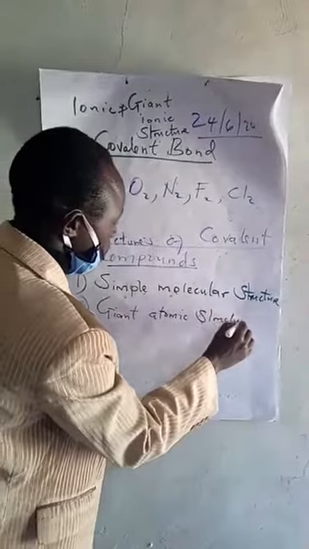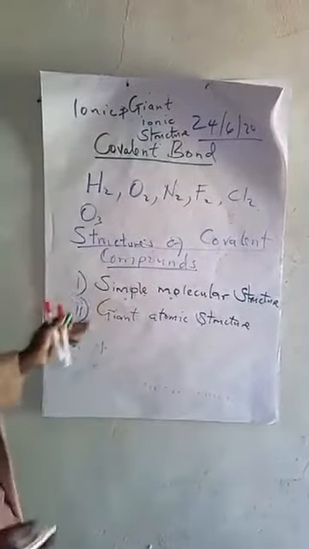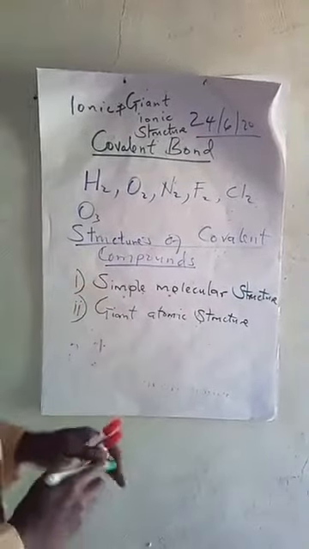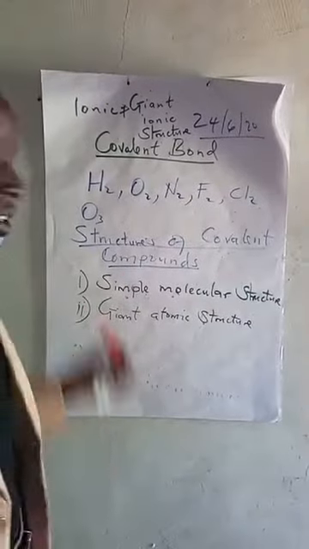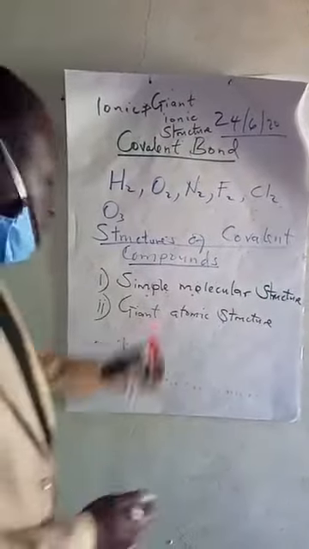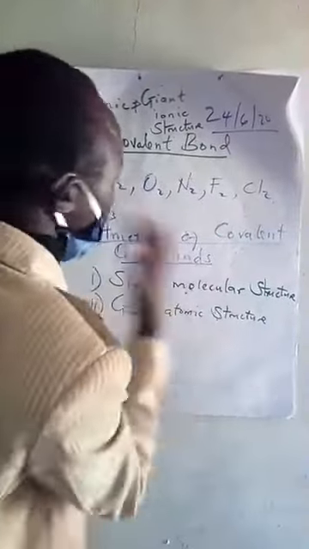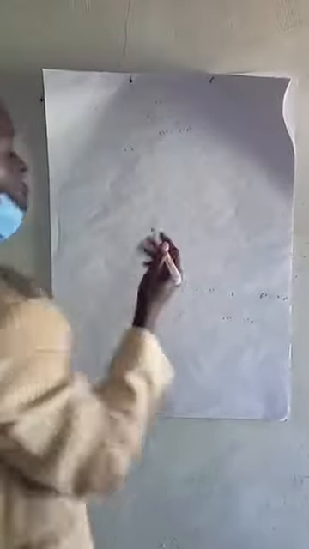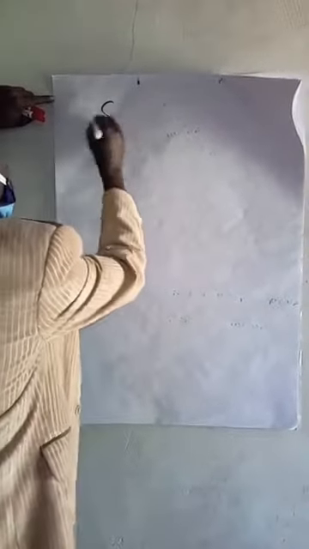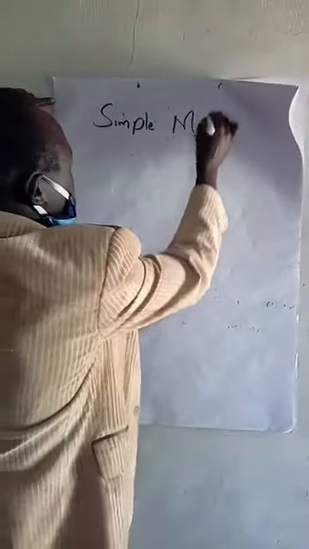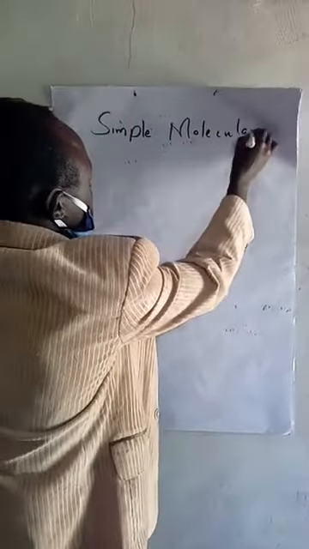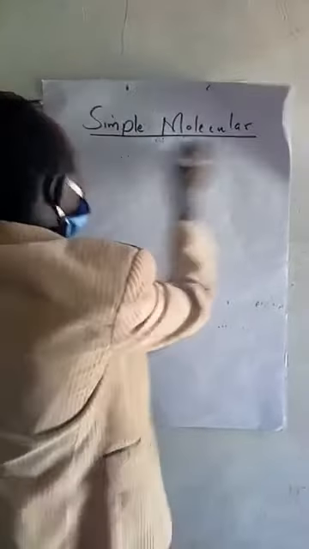So we have simple molecular structures for simple molecules, and then we have giant atomic structure. So let us look at each one of them separately. So we start with simple molecular structure. That is one.